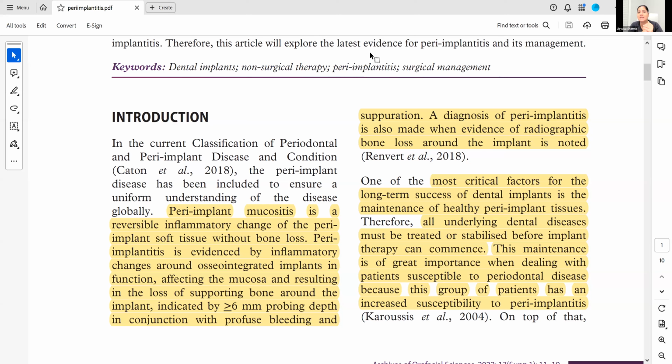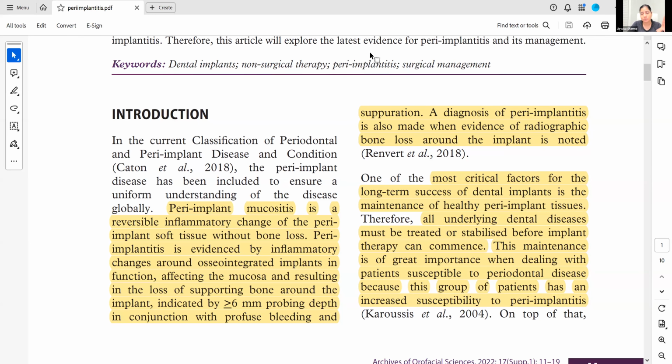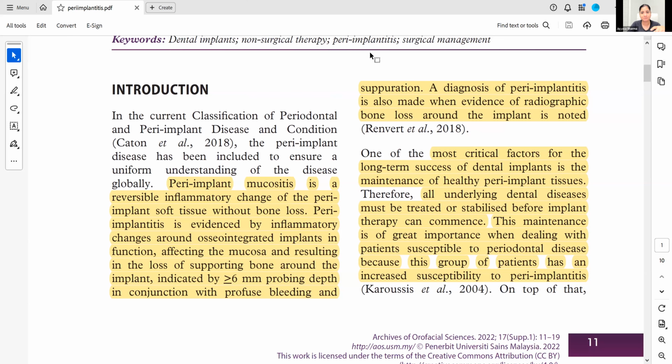That's why the baseline records of the initial bone levels have to be maintained and reviewed at appointments to see whether the bone loss is progressing or not. Deeper probing depths alone will not be sufficient to diagnose peri-implantitis. They also have to be supported by evidence of radiographic bone loss around the implant, and that has to be progressive after the first year, because in the initial first year the implant naturally loses some marginal bone.